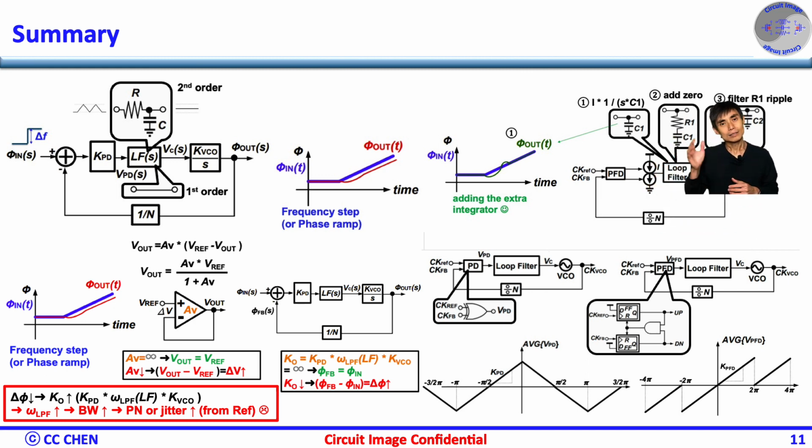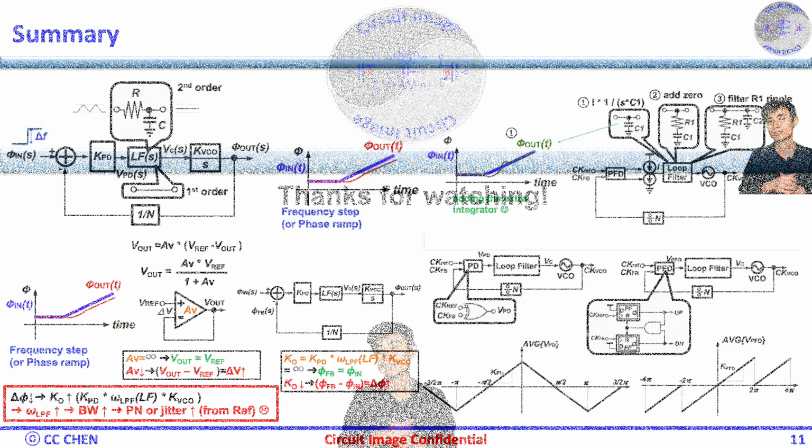But a simple frequency compensation is needed by adding an extra zero through another R1 in series with the C1. Not yet. The capacitor C2 is often added for additional filtering to reduce the reference spur from the R1.